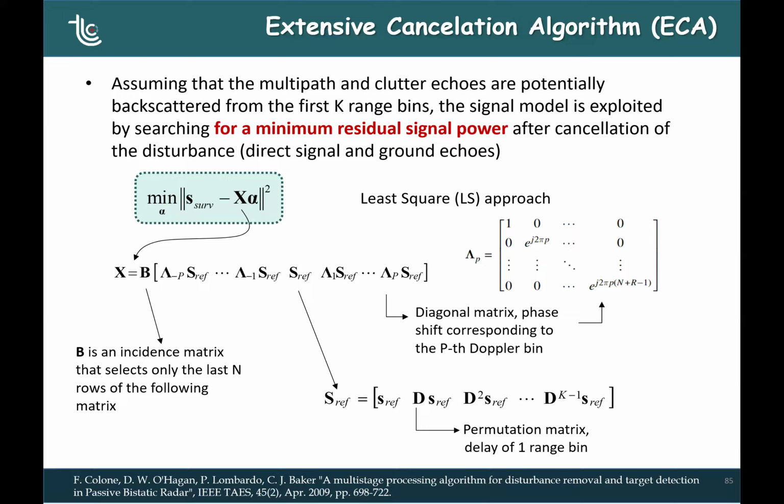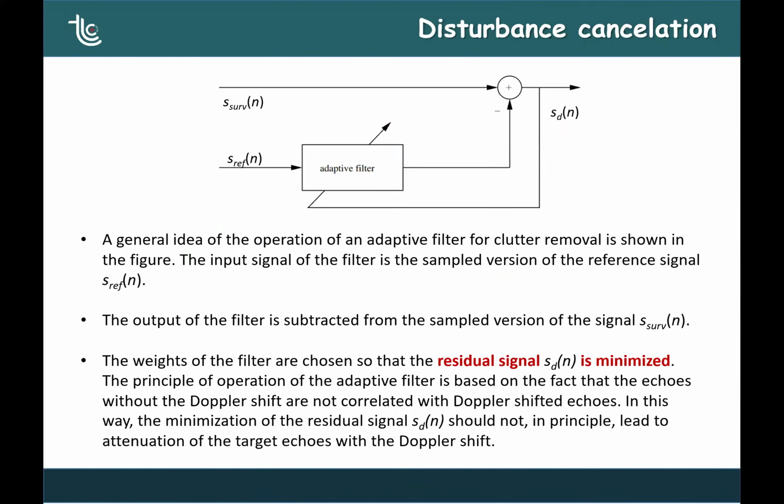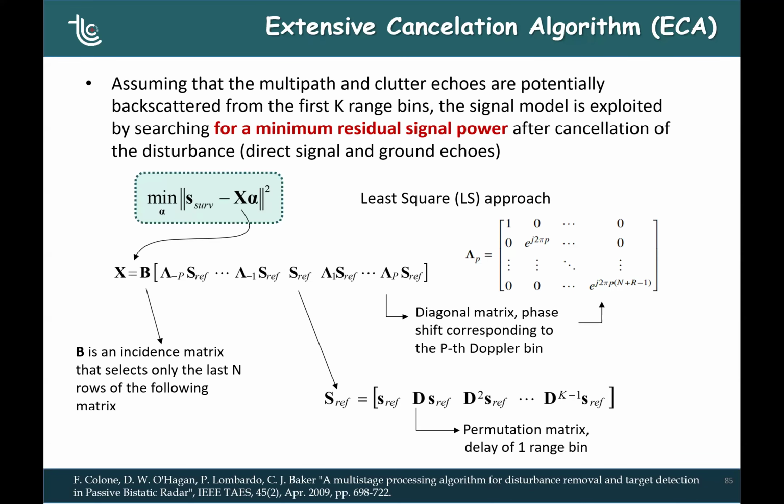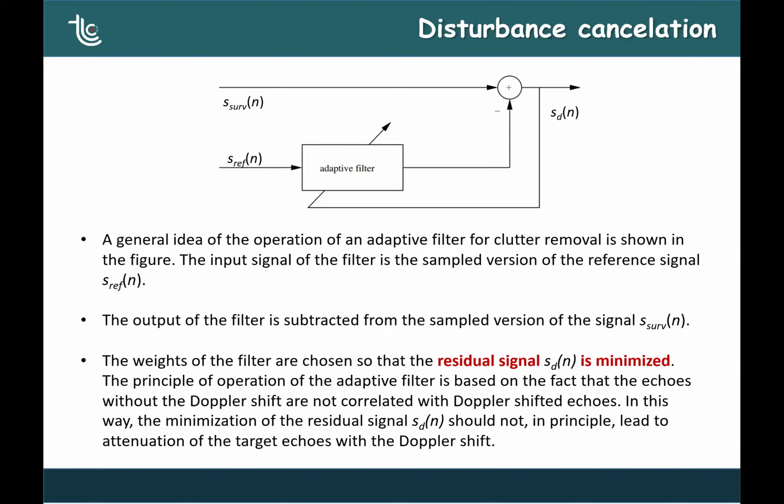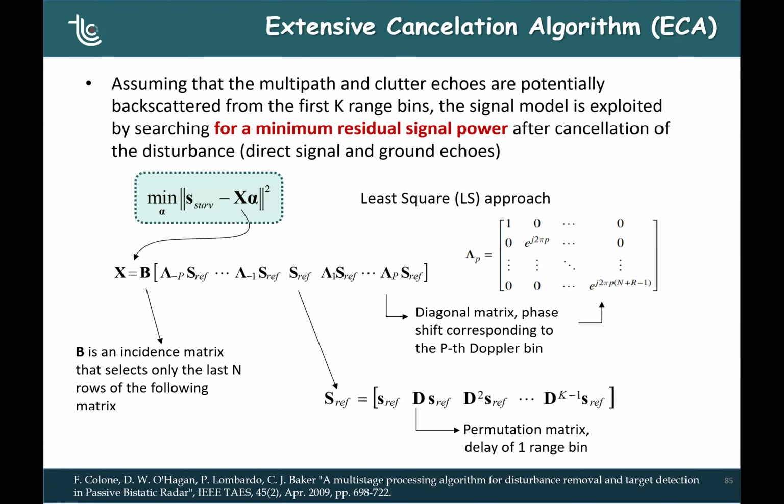In this case, we consider the ground echoes if you are in a ground scenario. See here the equation that we have. We want to find alpha. Alpha is the vector of weights in the adaptive filter. And we have the difference between the surveillance signal, S surv, that is the upper channel, minus a linear combination of the reference signal.